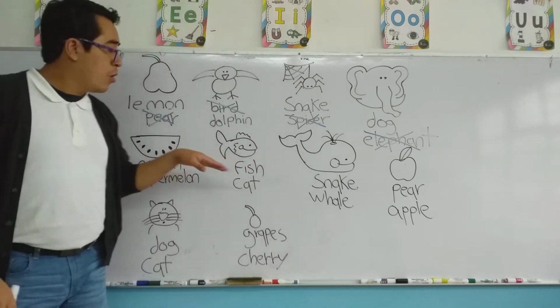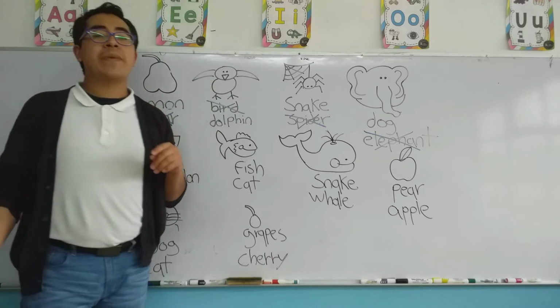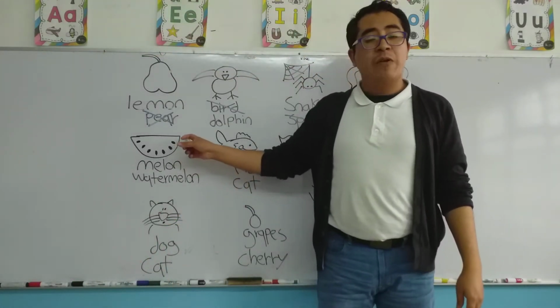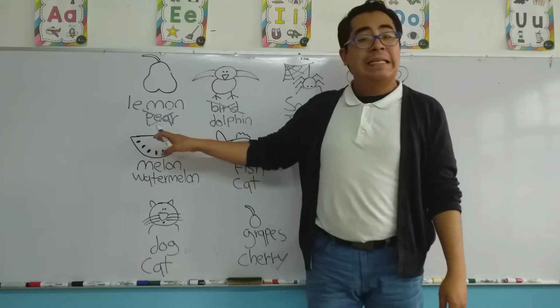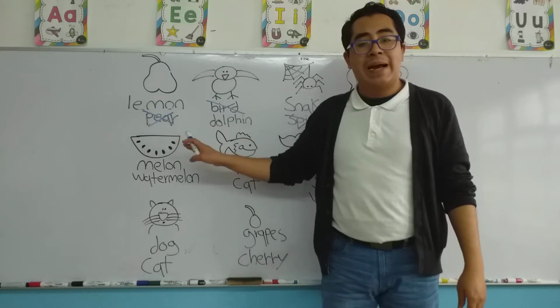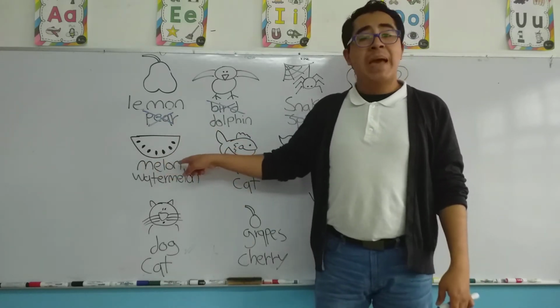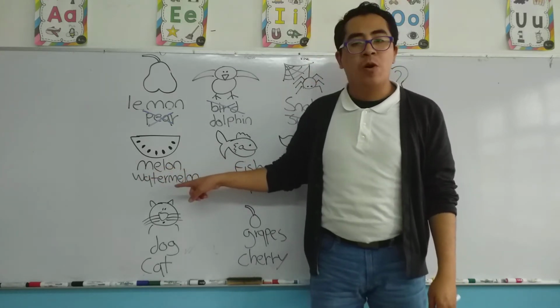On the second horizontal row, en la segunda fila horizontal, we commence with a fruit. Now the color of this fruit, remember, is color red. The seeds are color black. We have two options. On it says melon, under watermelon.